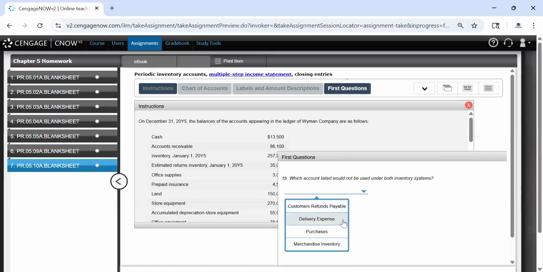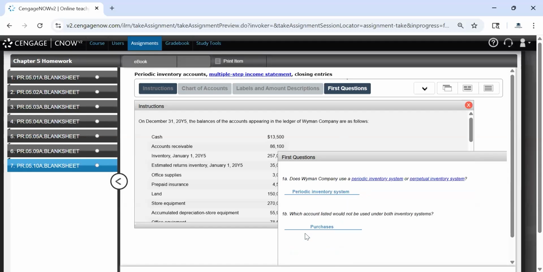And under the accounts listed, the only one on here that would not be under the perpetual system is purchases. Merchandise, delivery, and customer refunds payable will be included, as will the periodic. However, the periodic only records cost of goods sold as an adjusting entry at the end, and purchases is one of the amounts involved in that.